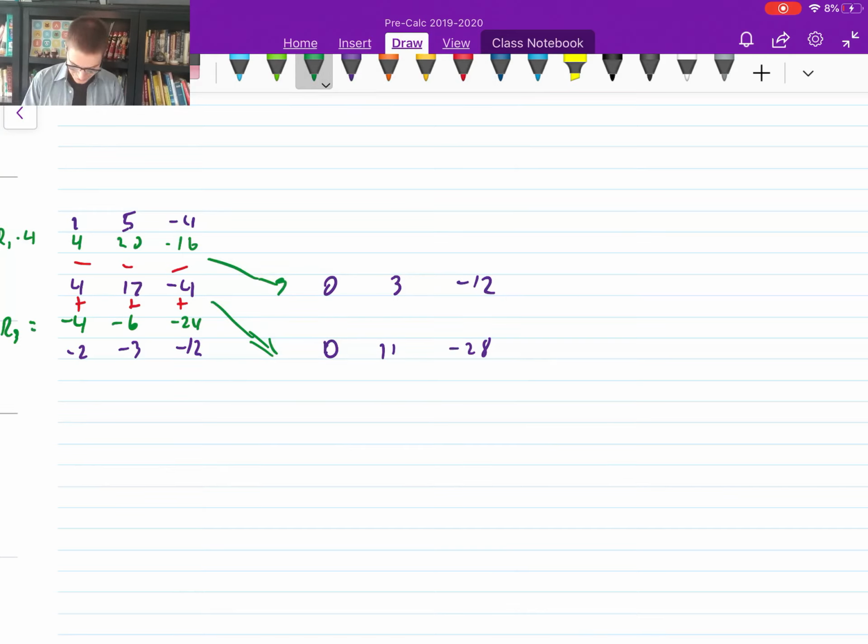So we'll do 11 times row 2, and we'll do 3 times row 3. So 11 times row 2 is 0, 33, and then negative 132. Let me just check to make sure in my head. Yeah, 120, 12, 132.